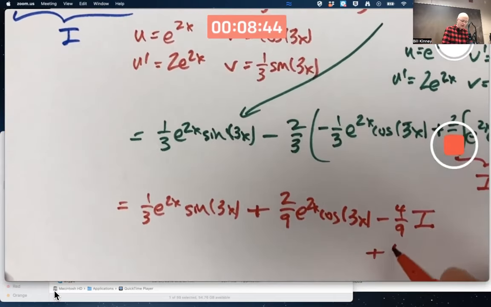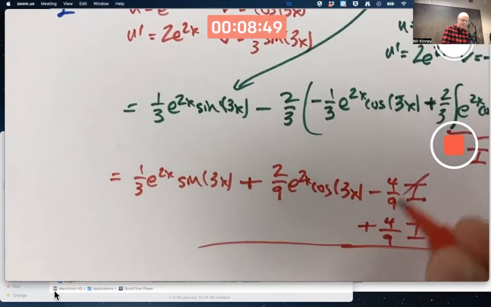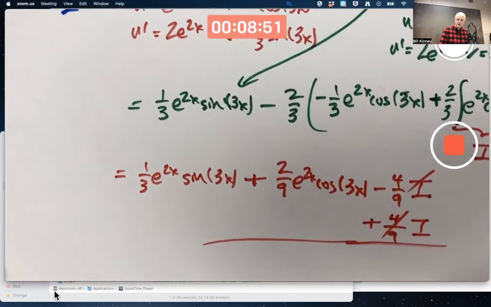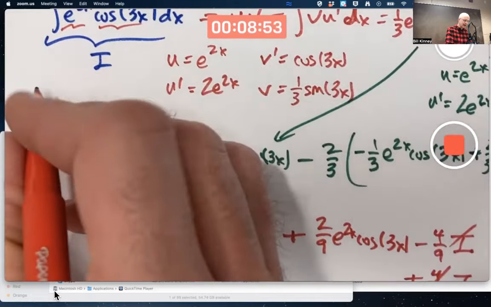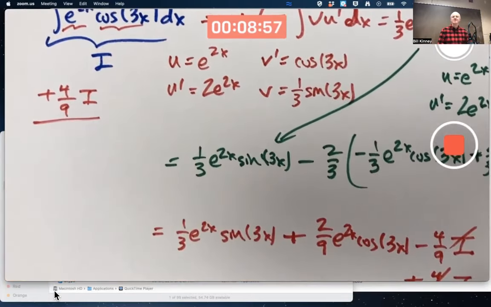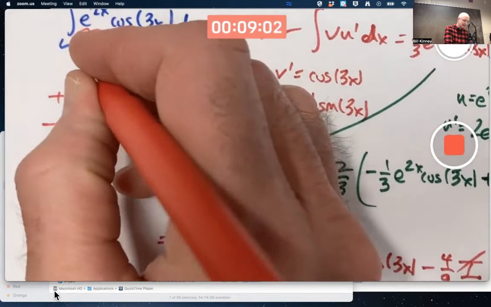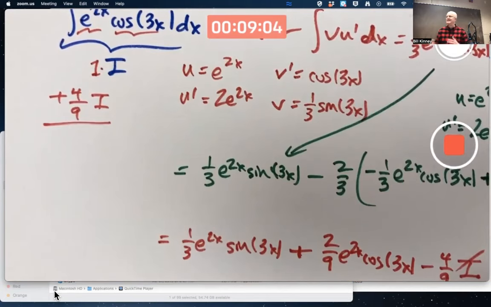Add 4/9 to both sides so that it cancels on this side. But if I do it to the right side, I also have to add 4/9 I to the left side, the original integral. I get I plus 4/9 I. I is the same as 1 times I, and 1 is 9/9.